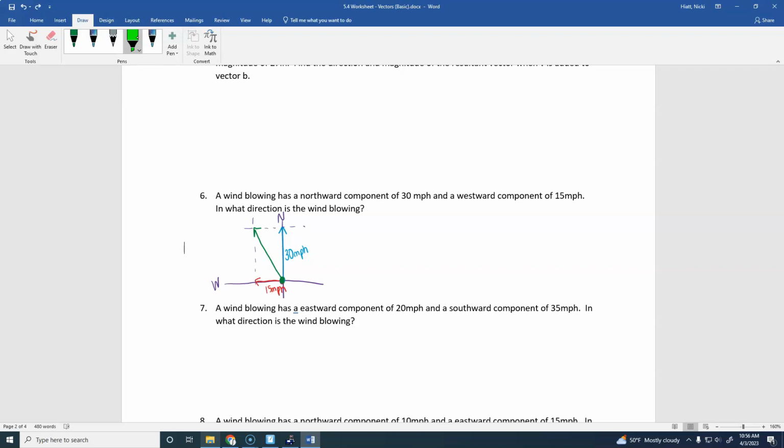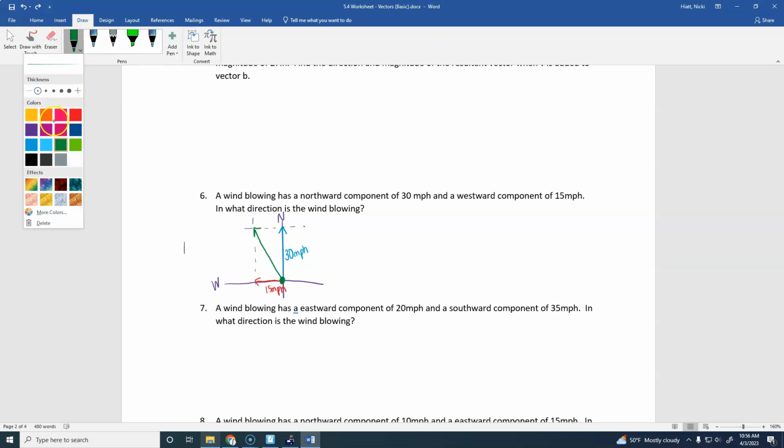So this particular problem, does it even ask for the magnitude? What does it ask for? Direction. So it's only asking for direction. So I do not have to find the magnitude.